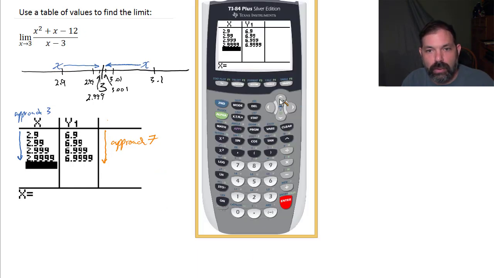All right, so let's go back to our table. Let's delete the old stuff. And now let's move in from the right. Let's go to 3.1, 3.01, 3.001, and just to be equivalent on the other side, 3.0001.